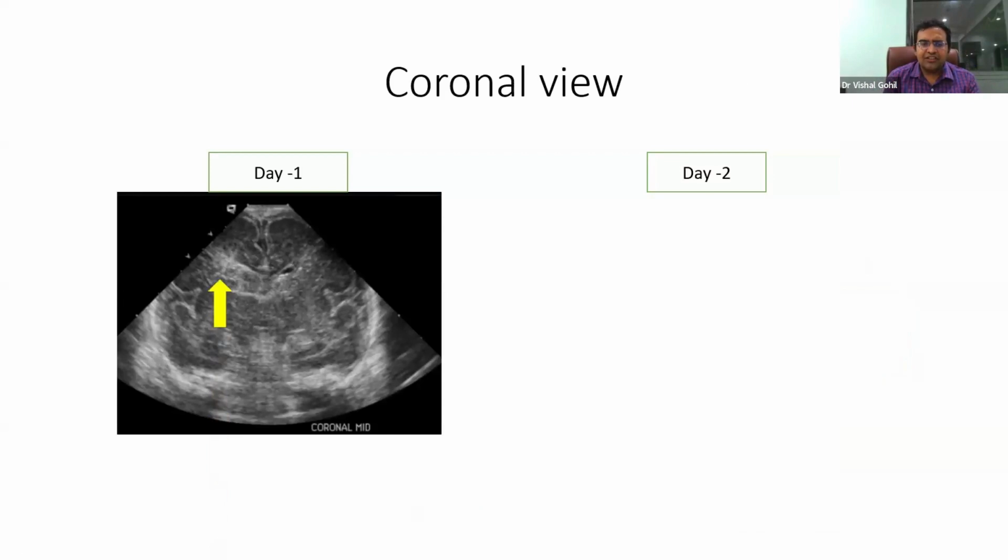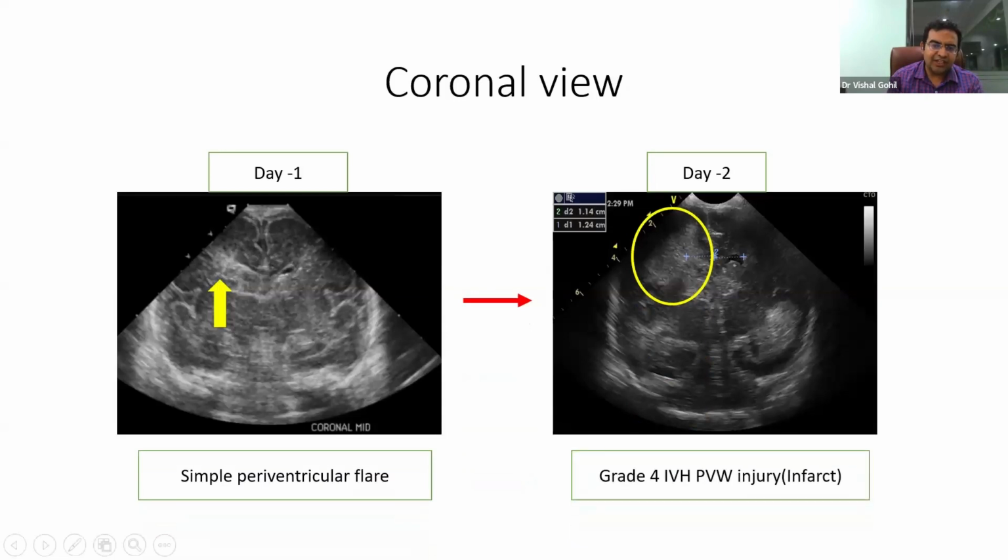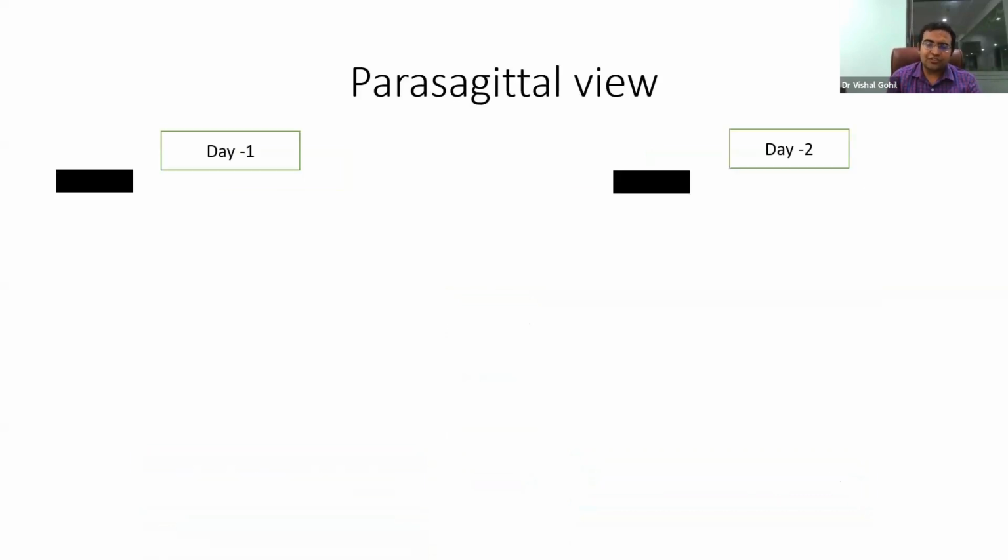And when we do the scan the next day, you can see there is a grade 4 IVH because there would be venous congestion over here, ending up with the grade 4 IVH. So I am always worried about the periventricular flare. It is easy to label the periventricular flare, but we have to do a serial scan, so put that point in your notes.